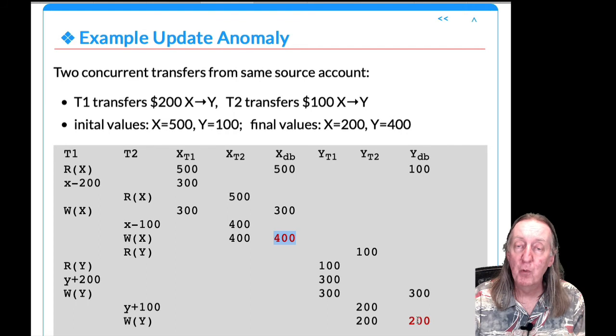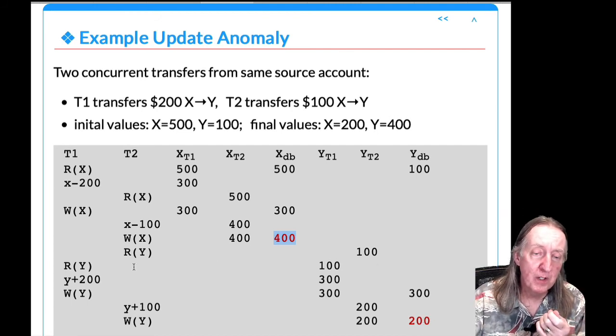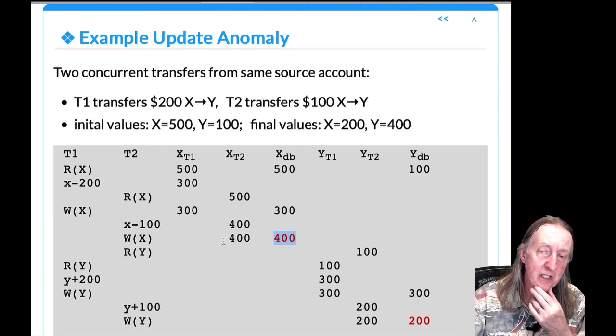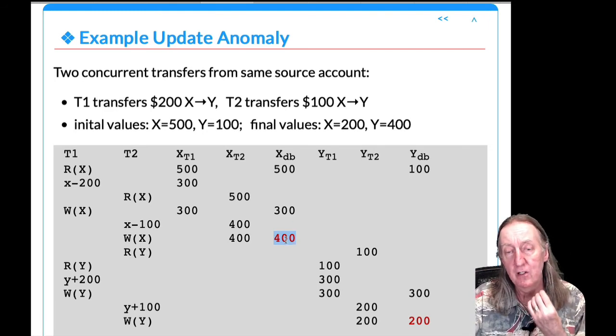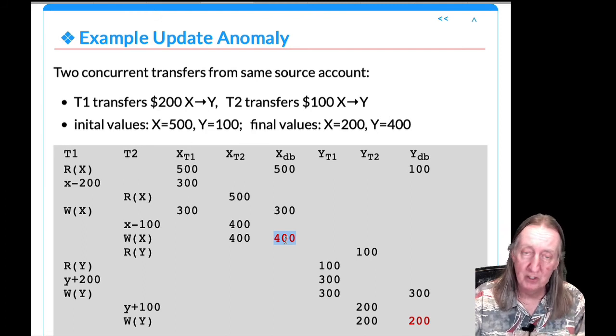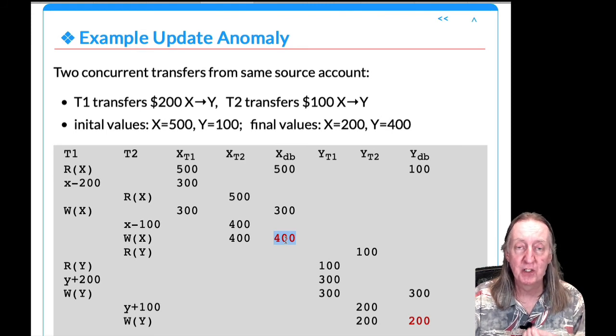And the owner of the Y account will be angry because they were told that they were having $300 added to their account, but they've only had $100 added. So this is an example of how the order that things are done and the interplay between the local copies of an object and the value stored in the database can result in the overall effect of concurrent transactions leading to an inconsistent state.